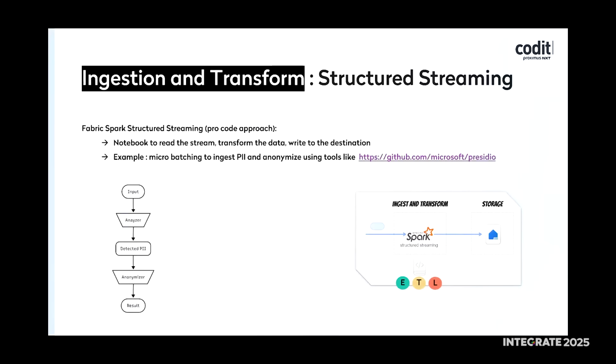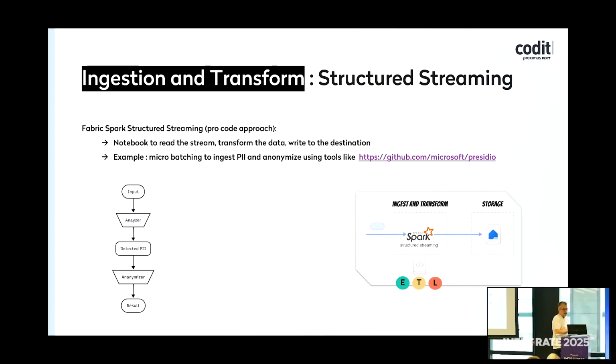Now, there is also another way to ingest data that is more pro-code. If you love Logic Apps, you also love Fabric's ingestion because it's click-ops, and you get your streaming configured. But what if you want to do something more, a more pro-code approach?